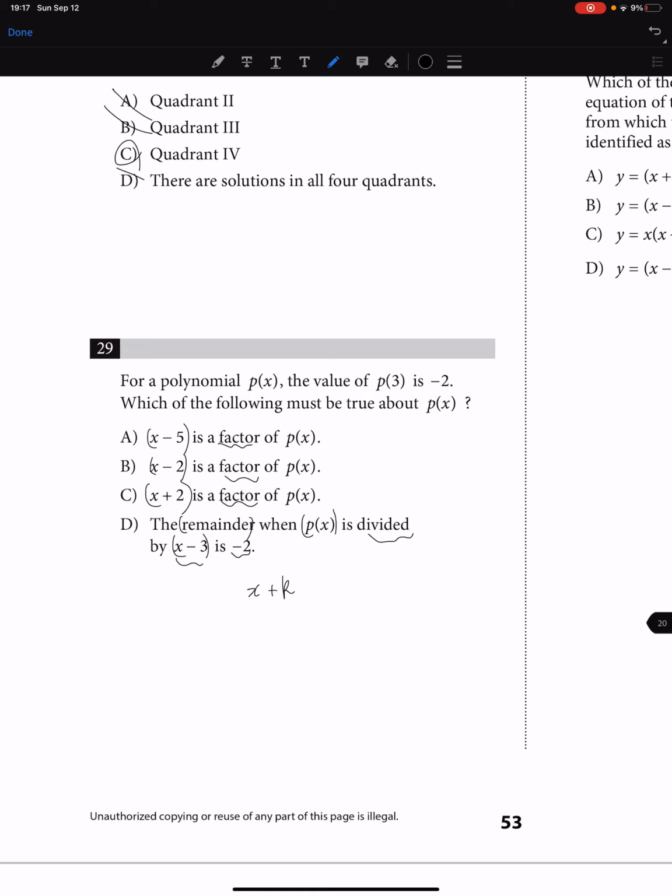In order to do that, let's say we divide p(x) by this x plus k, you would get q(x) and a remainder.